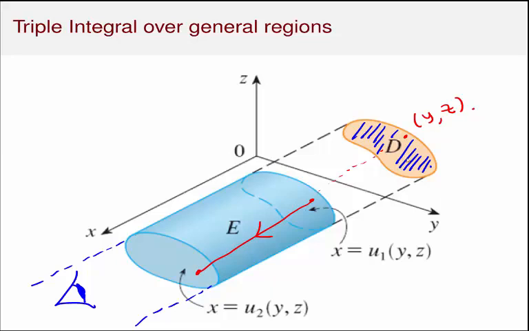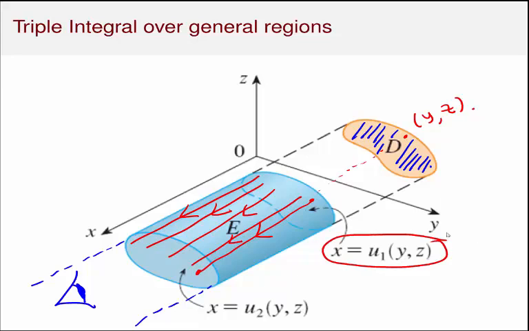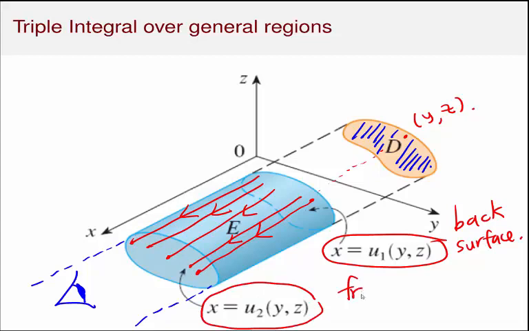And if we do this for every point in the projection, we are going to get a collection of arrows that look something like this, whose initial points lie on the surface x equals U1 of YZ, which we'll call the back surface of the region E, and whose terminal points lie on the surface x equals U2 of YZ, which we shall call the front surface bounding the solid E. Do you follow me?